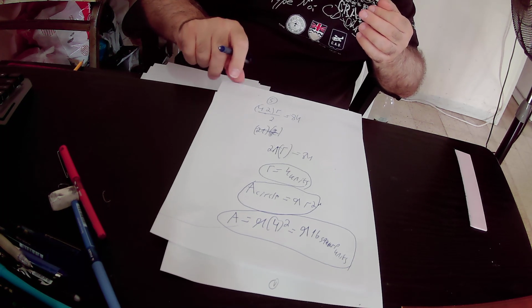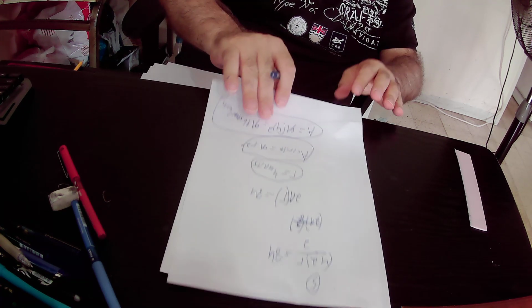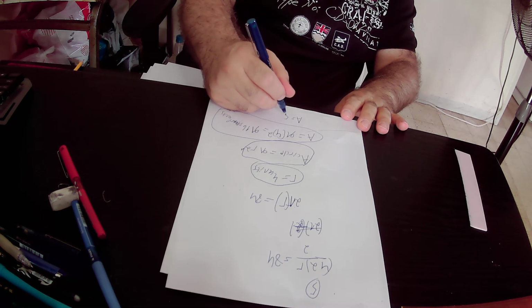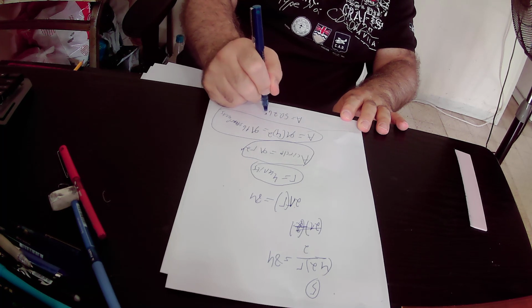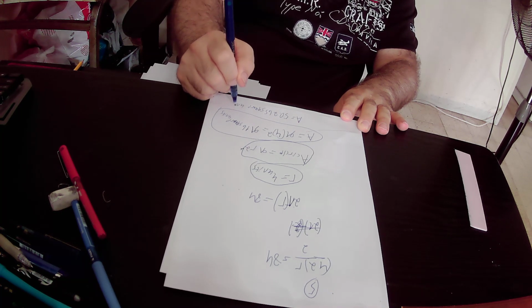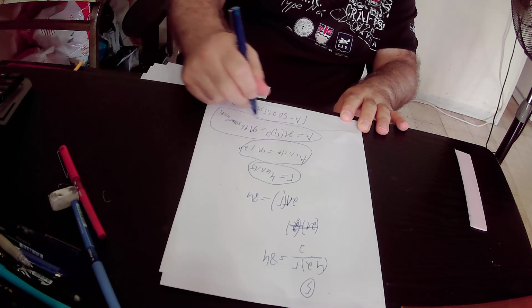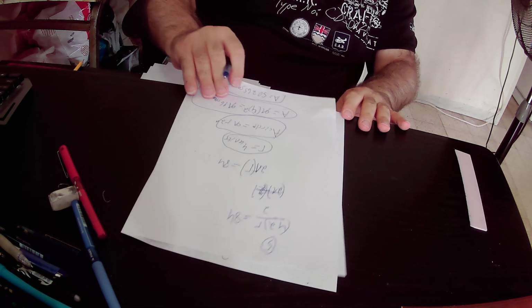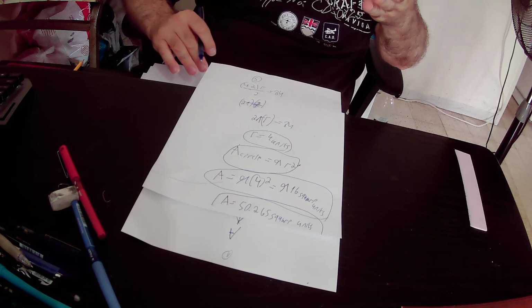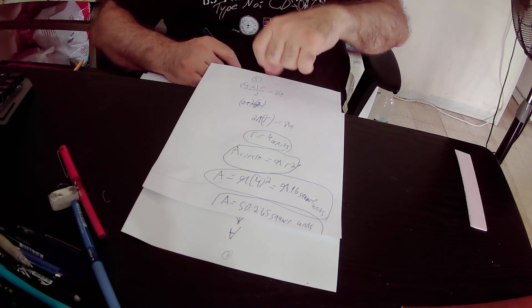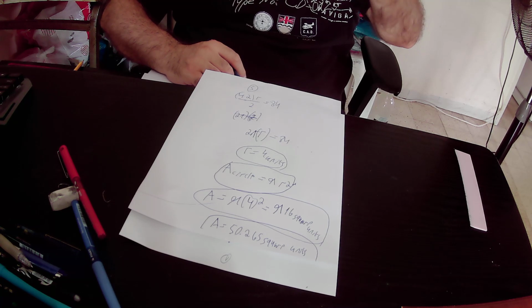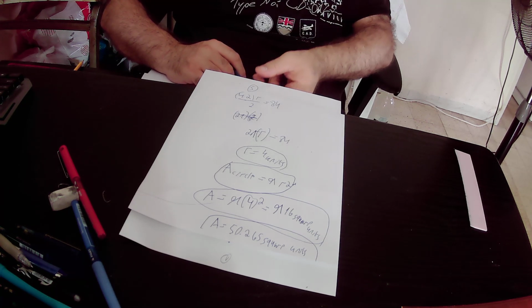In terms of numbers, the area of the green circle equals 50.265 square units.